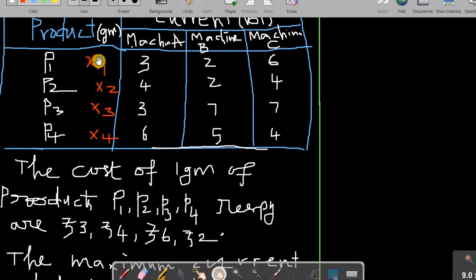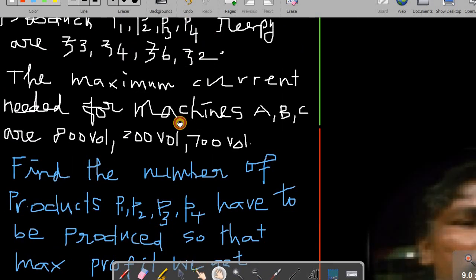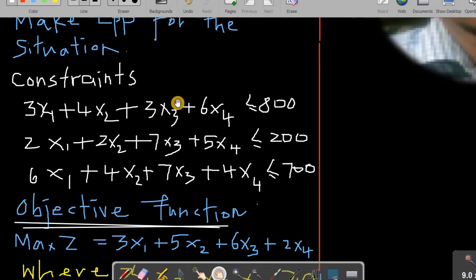If you multiply by how many, x1, x2, x3, x4, we don't know, we have to solve for them. So multiplying by 3, 4, 6 and 2 rupees, you get 3x1 plus 4x2 plus 6x3 plus 2x4, and that function I am calling z. My aim is to maximize it.